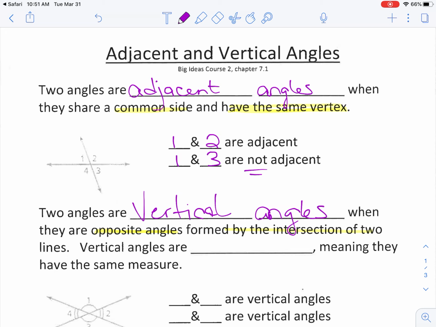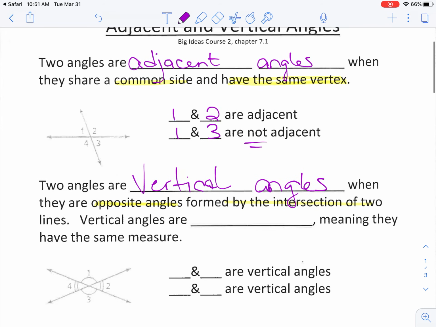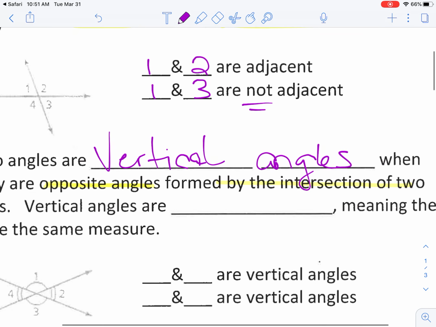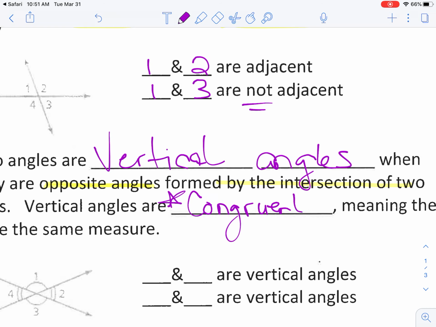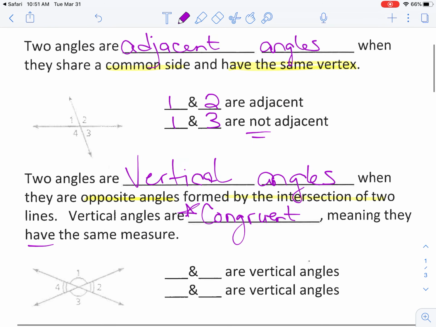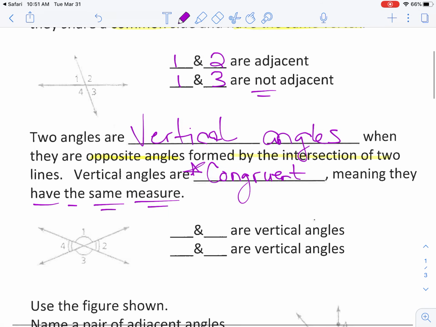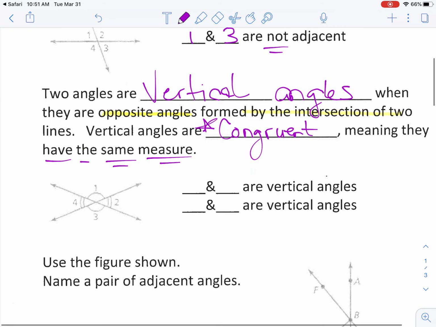Vertical angles are also, and this is important, congruent, meaning they have the same measure. So when we talk about the degree of the angle, if they're congruent, they have the exact same measure.